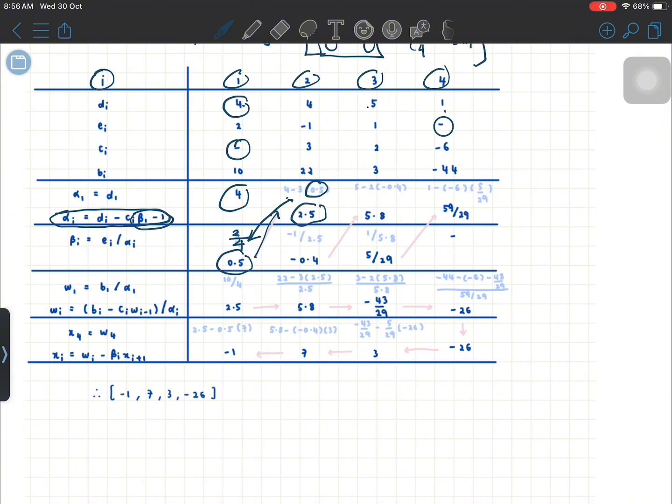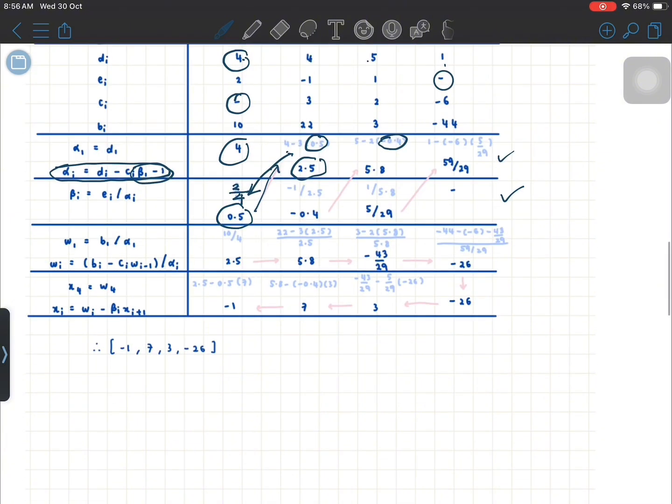Same goes to the next iteration for alpha 3 and alpha 4. We have to find the value of beta first, and then insert the value of beta into the formula. So when we already have the values of alpha and beta, we can proceed to the next part, which is finding the value of W. The formula of W is given like this.